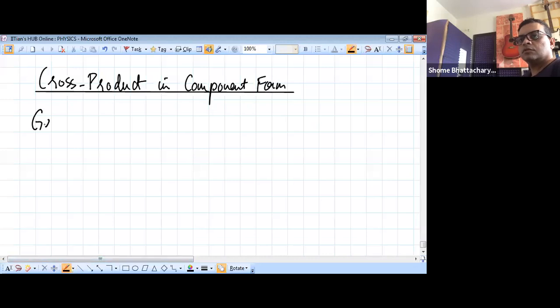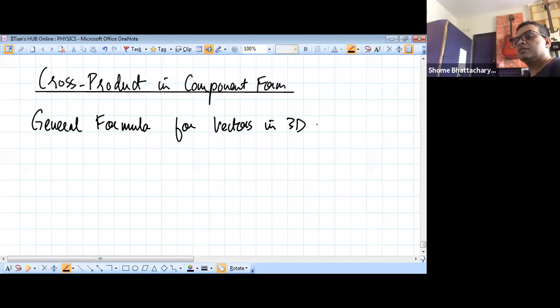So we will see the general formula for vectors in three-dimensional x, y, z space.